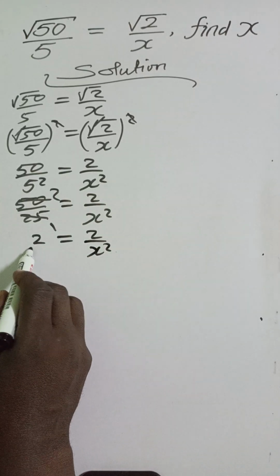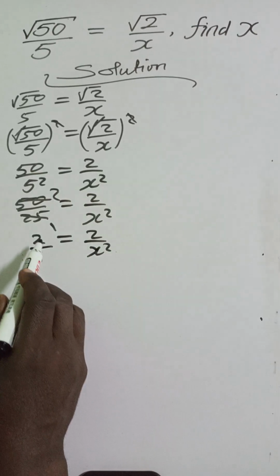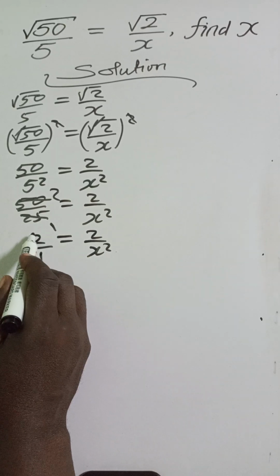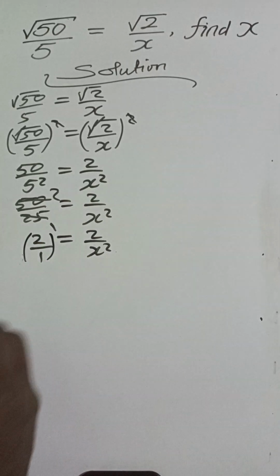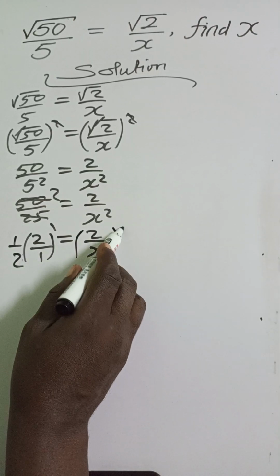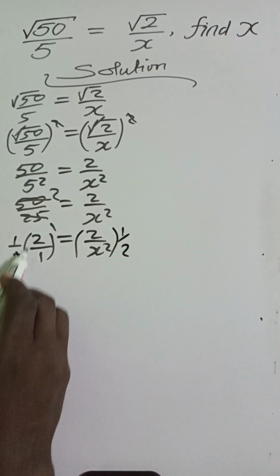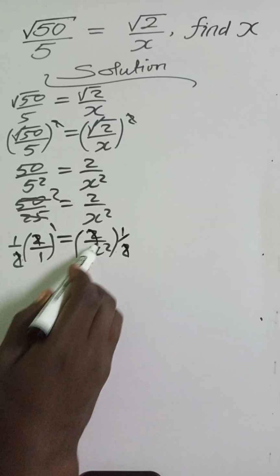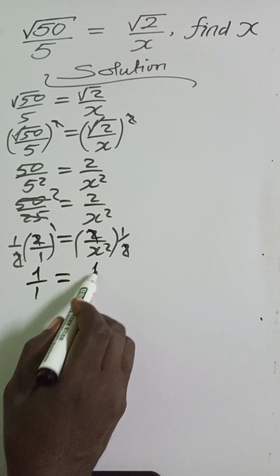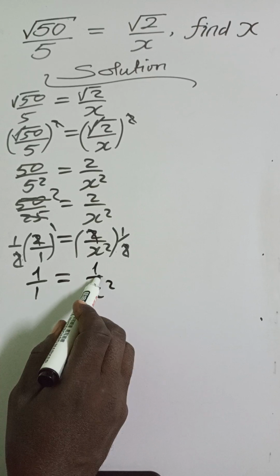This 2 can also be written as 2 all over 1. So we see 2 on both sides, so we simply can divide both sides by 2. Dividing both sides by 2 is the same thing as multiplying both sides by a half. So if we multiply both sides by a half, we see the 2 cancels, and here we're left with 1 all over 1 is equal to 1 all over x squared.